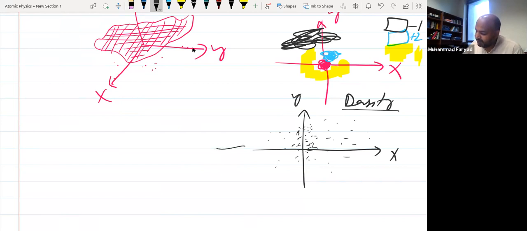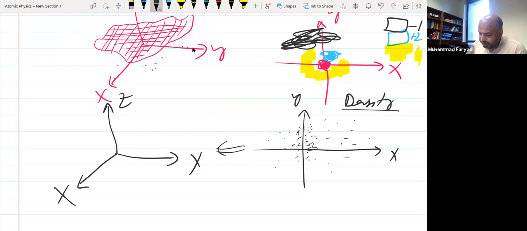So this density map actually has a benefit that we can transport it into 3D as well. For example, if I want to show the probability density of one s orbital, I can use the 3D density map like this.